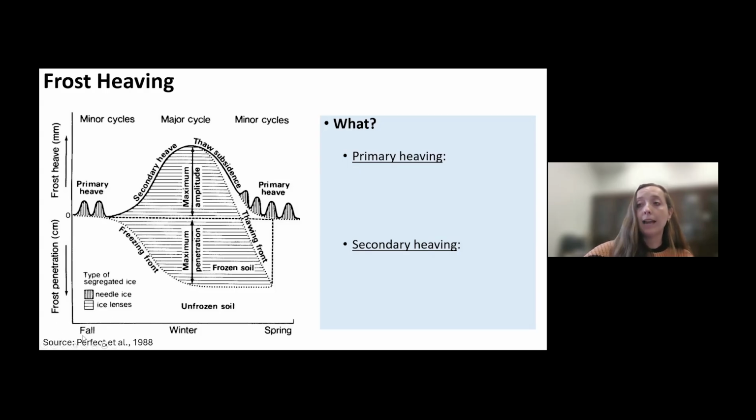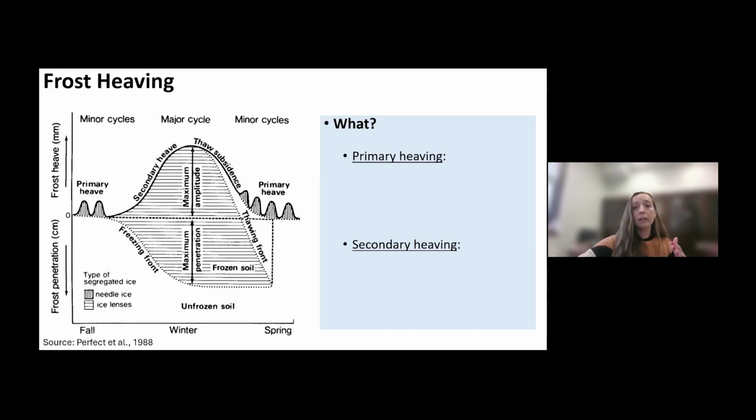We are looking at the seasons here at the bottom: fall, winter, and spring. And we're looking at the occurrence of the primary heaving in the beginning and end of the season, so in fall and in spring, and the secondary heaving that happens typically in the dead of winter, when winter weather is very intense.